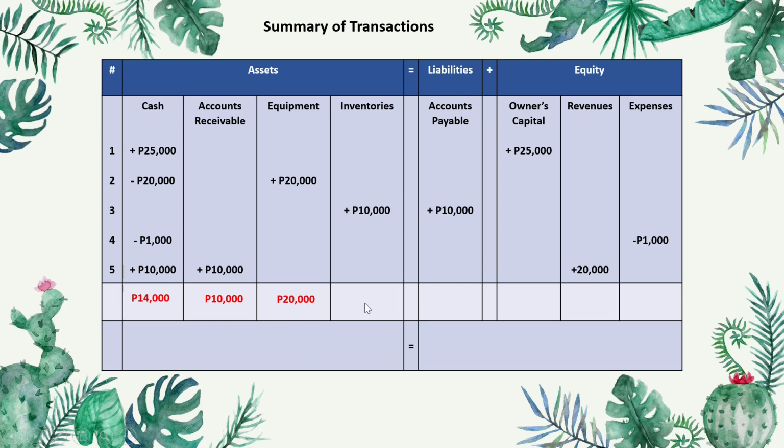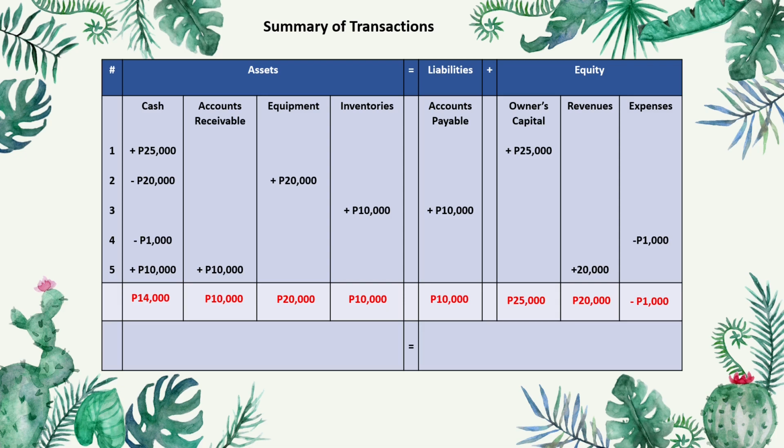And inventories is also 10,000 pesos. And accounts payable is also 10,000 pesos. And owner's capital, which is 25,000 pesos. And revenue is 20,000 pesos. And expense is negative 1,000 pesos.